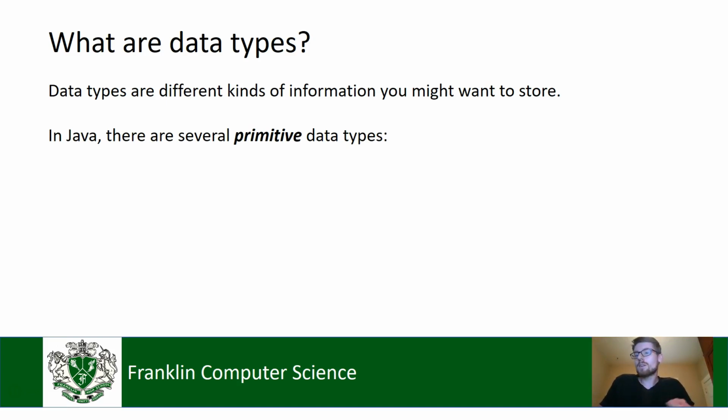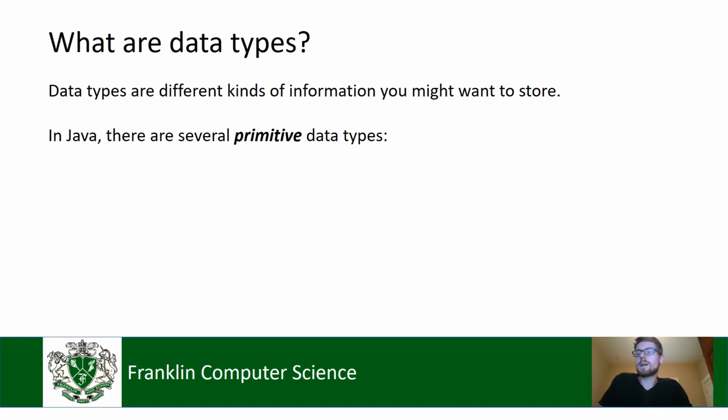Later on in this course, you're going to be able to create your own data types that are combinations of these primitives, but fundamentally, all of the data is going to break down into some subset of primitive data types.